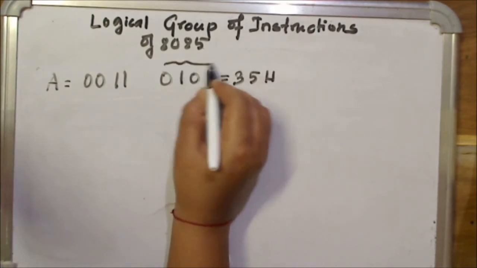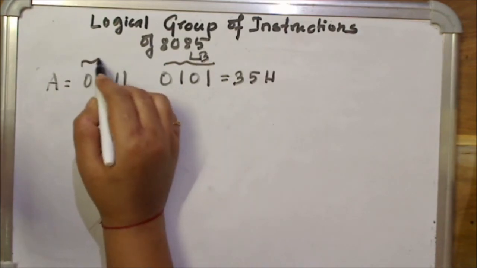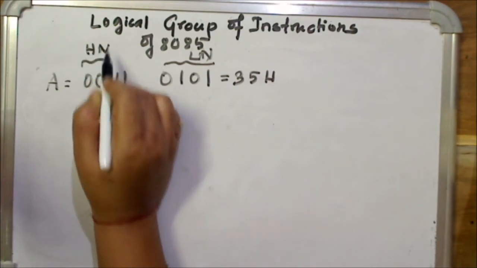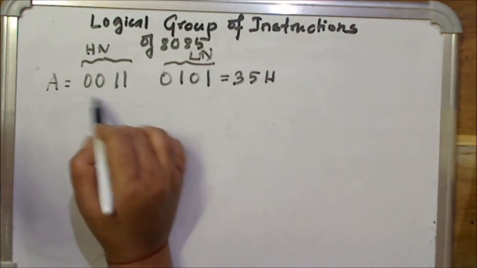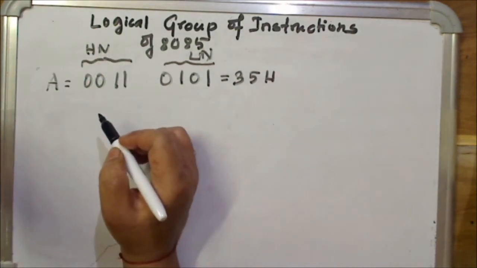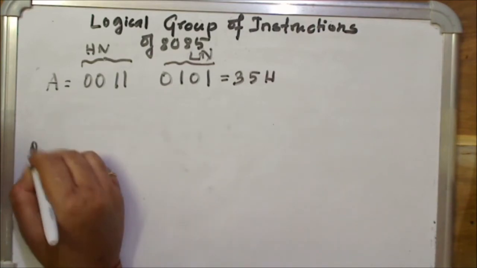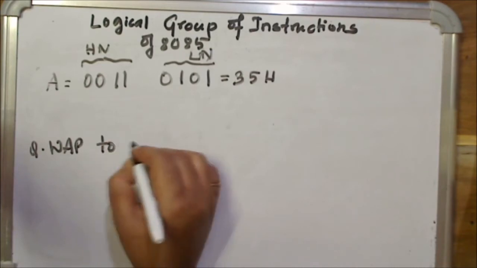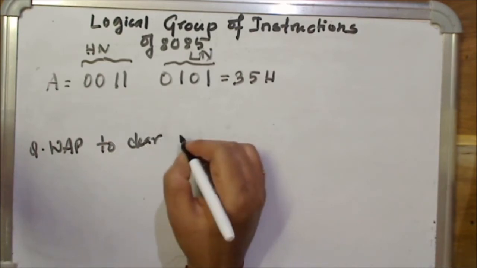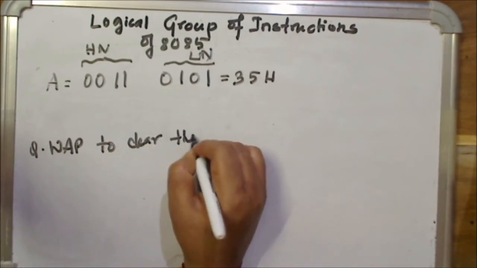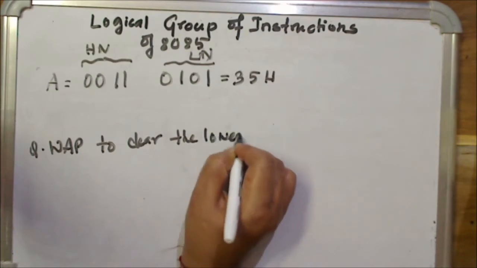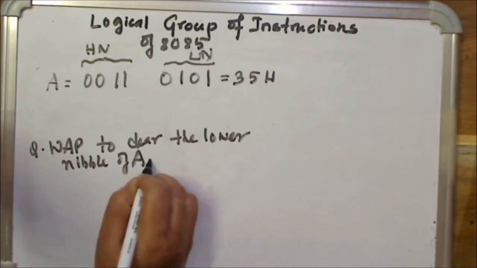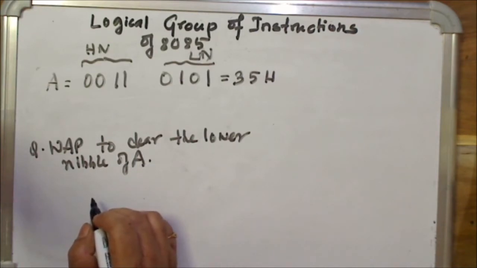Now this is the lower nibble, and this is the higher nibble, right? Now I am telling you to write a program to clear the lower nibble of A.